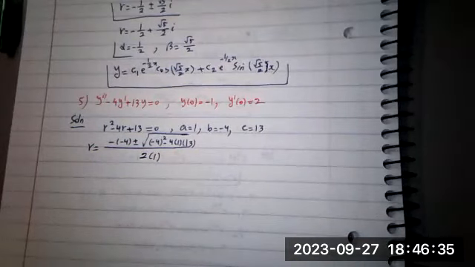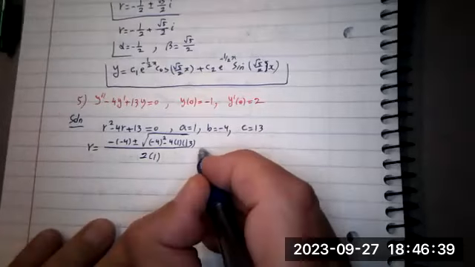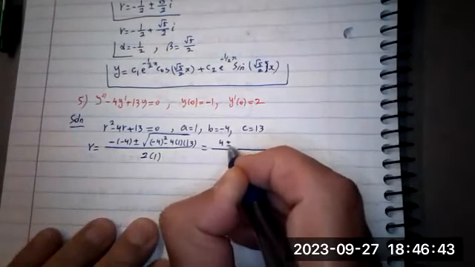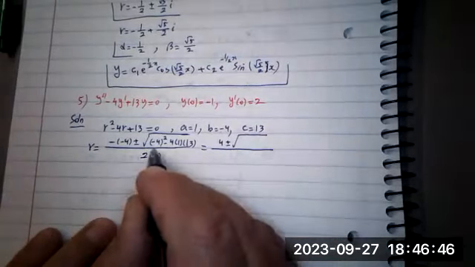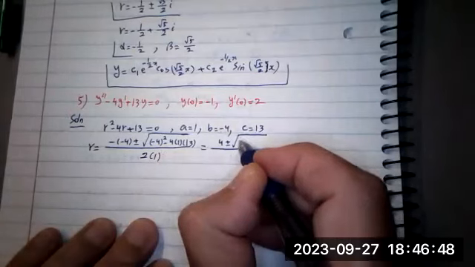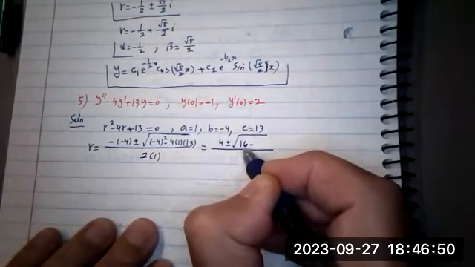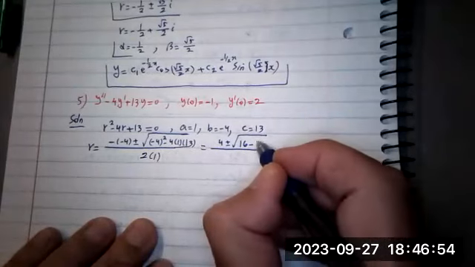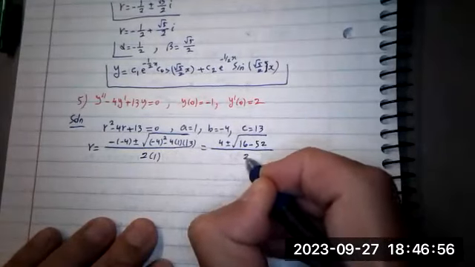Therefore, you simplify it. What are we going to have? The top would be 4 plus or minus inside. Negative 4 squared would be 16, 16 minus 4 times 13, 52, divided by 2.